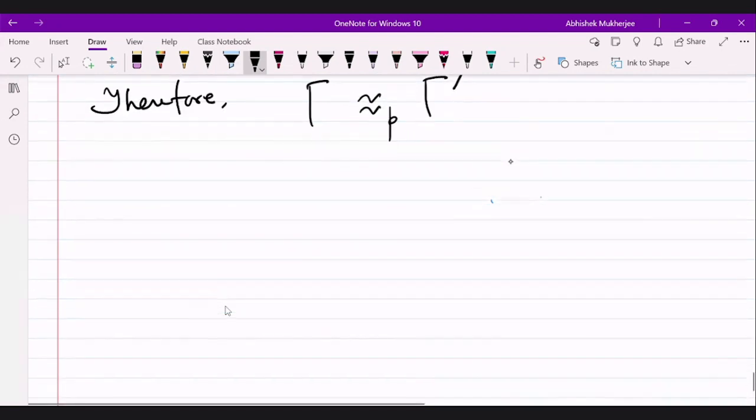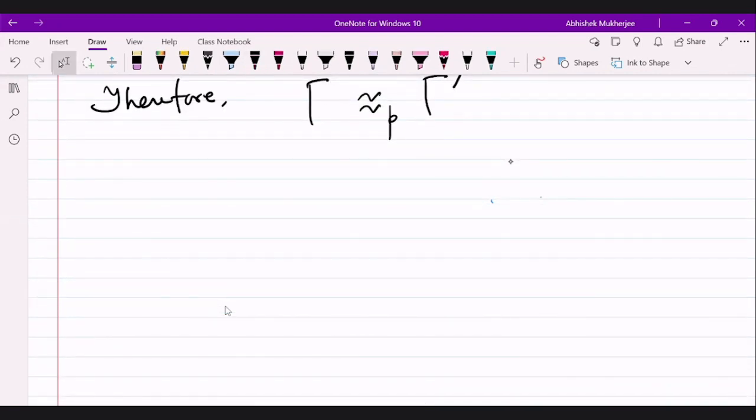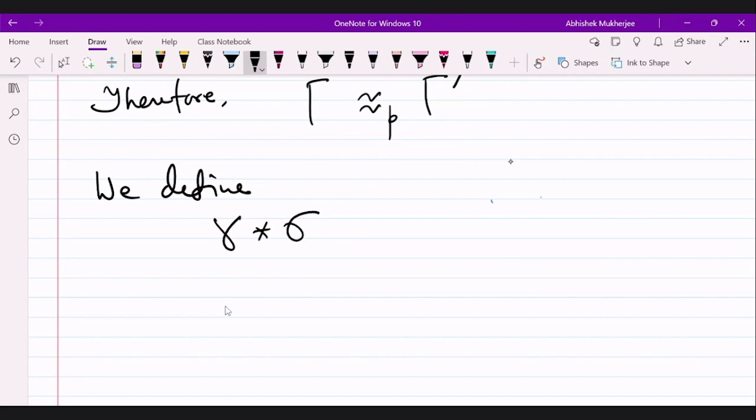So in view of this, this suggests us to define some operation on paths which are satisfying that property, that the end point of gamma should be the starting point of the next path, right? So we define gamma star sigma as capital gamma, right? This is called concatenation of paths.